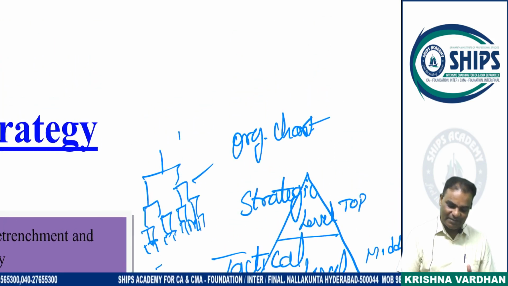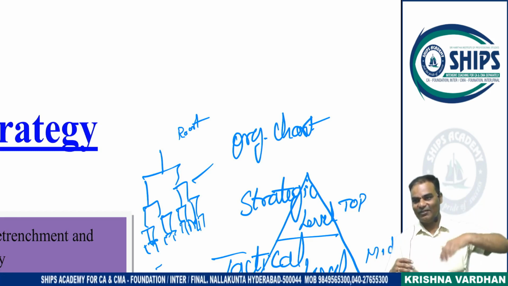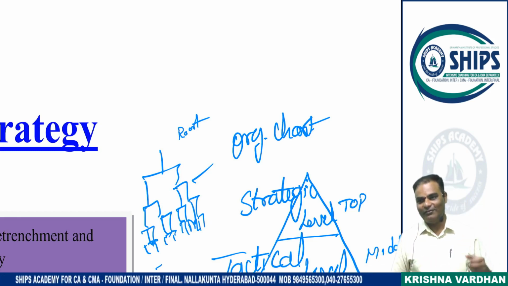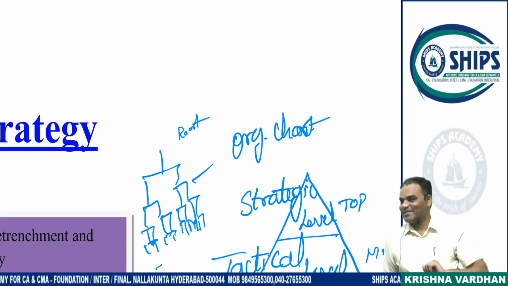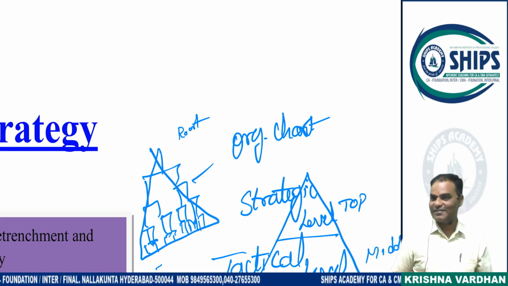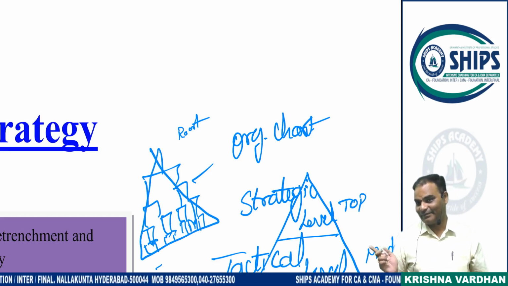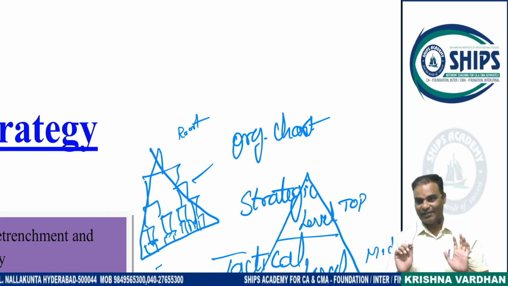This is the root, and these are all branches. In a normal tree, roots are on the ground and branches on the top, but here it's inverted: root on the top, branches down. And if I join all these three corners, what shape am I getting? Triangle. That is the reason it is a triangle.